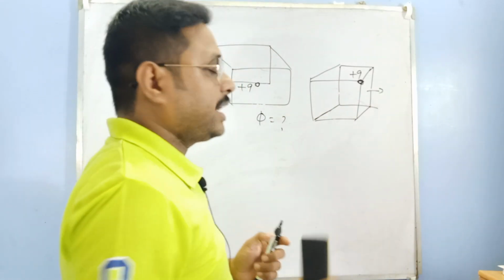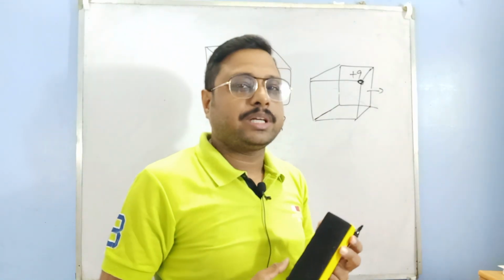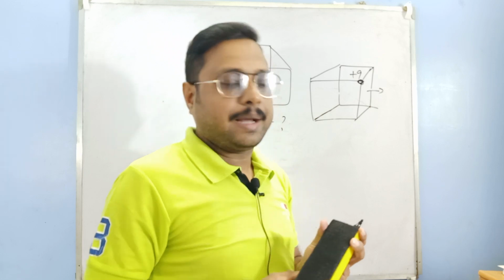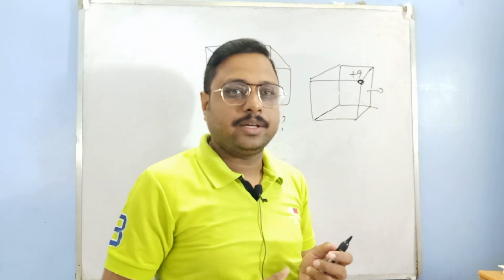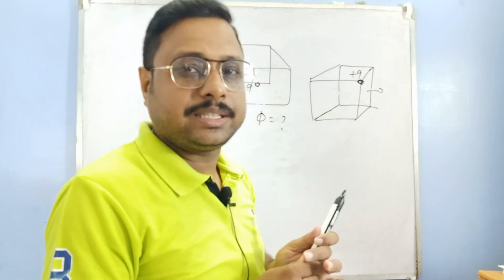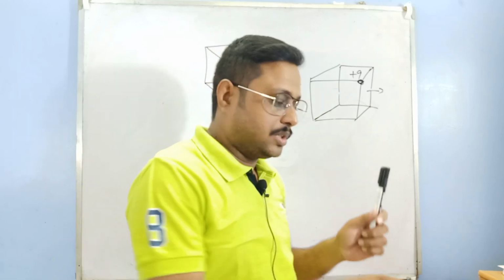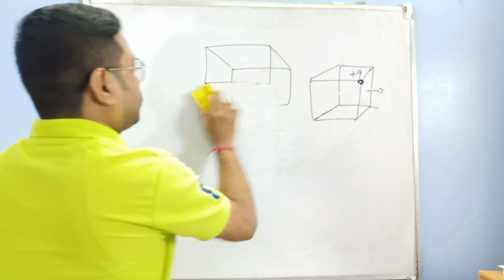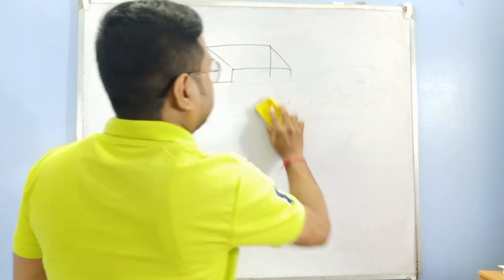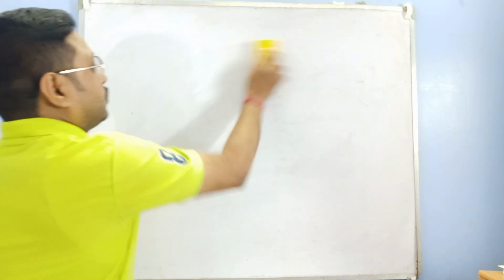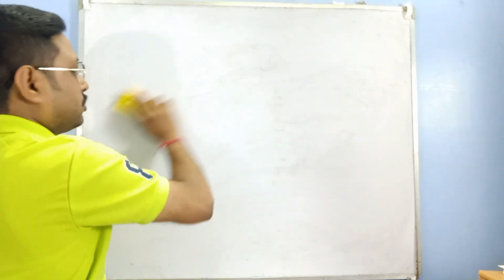So in today's lecture we will first know the application of Gauss's law and then we go with some numericals like this. Okay, let's start. Those who are not aware of Gauss's law, please go to my channel and type Gauss law.